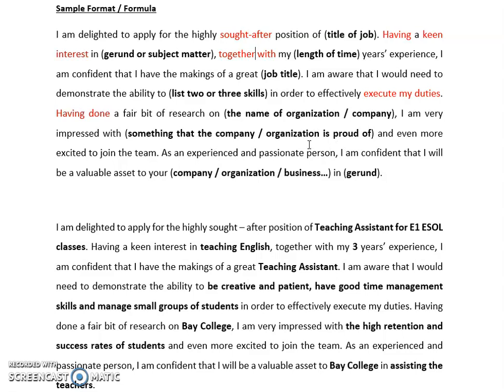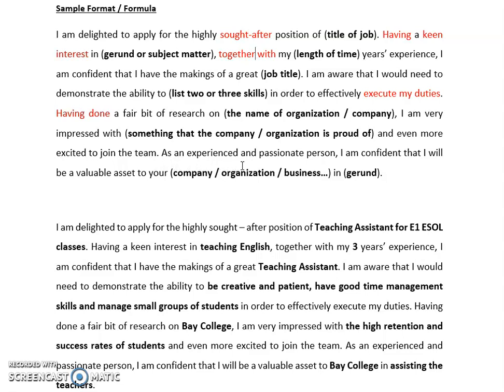So this is how you show that I've done some research about your company, I know what your company is about, and I am very impressed with the things that they're proud of. And even more excited to join the team. So I've done some research, I know what you are about, I'm very impressed with your company, and I can't wait to be part of your team.